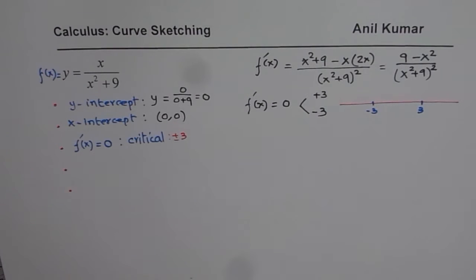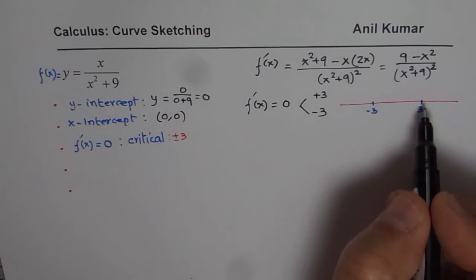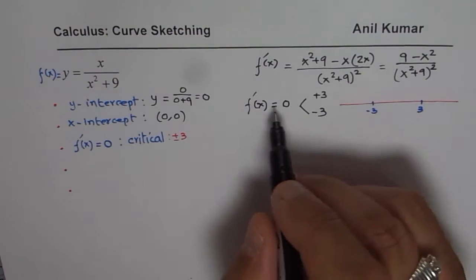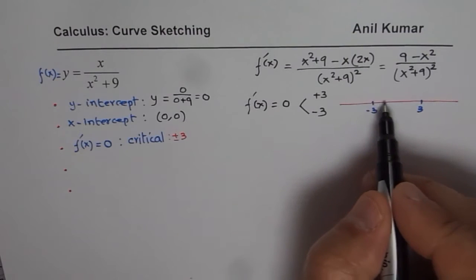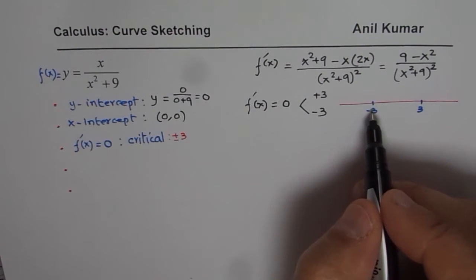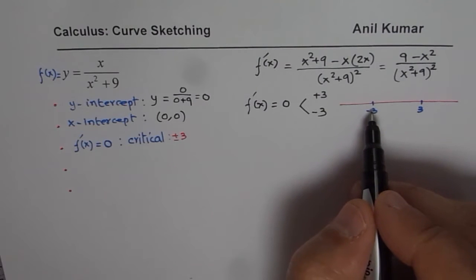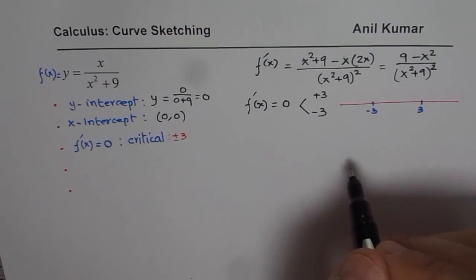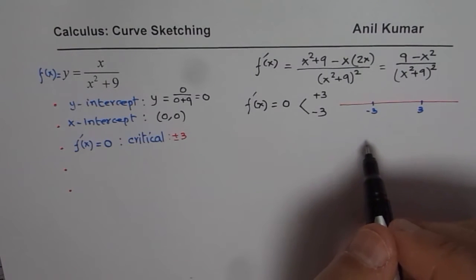You could do the increasing and decreasing intervals and find whether the derivative is positive or negative in the intervals between these two critical numbers. You could also test for local maximum and minimum using the second derivative, right? So we'll do the second derivative also and find the point of inflection. Also we can figure out whether it is a local maximum or minimum or not.